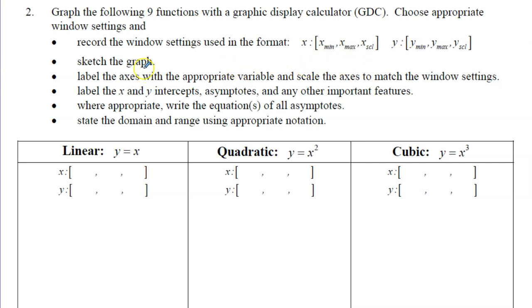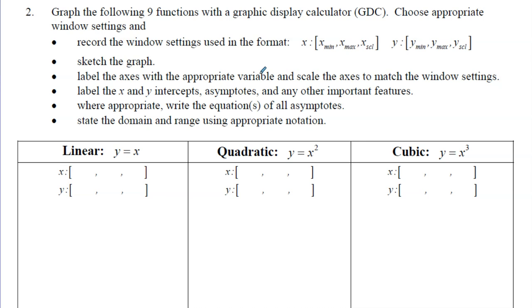It'll tell you: draw a sketch of the graph. Label the axes with the appropriate variable. Okay, it's not always x and y. Maybe it's time and height, so the x-axis could be the t-axis, and the y-axis the h-axis. Scale the axes to match the window settings.